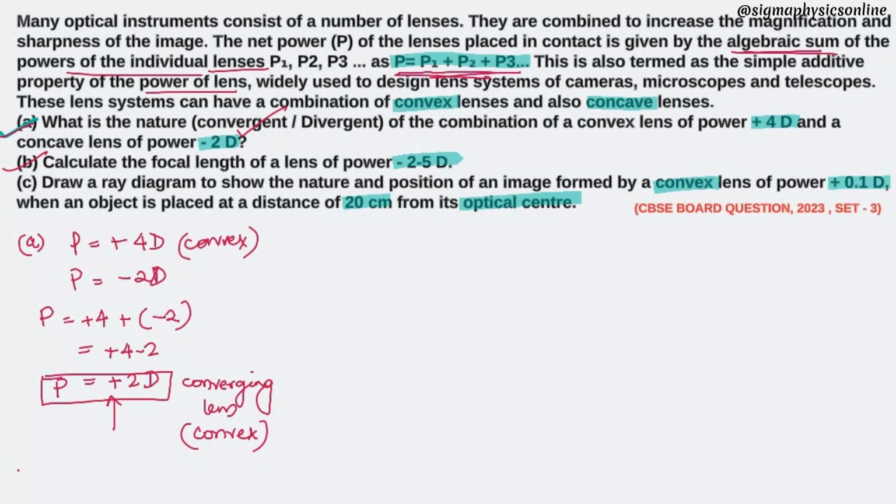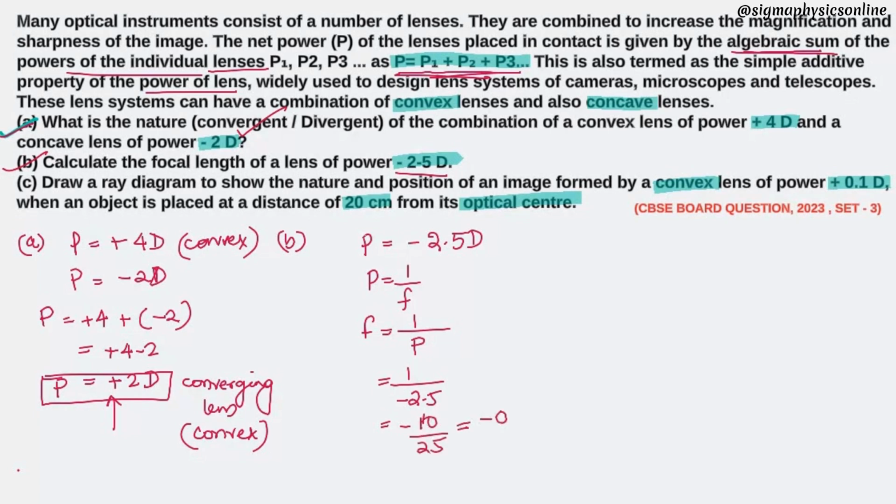Then part B, calculate the focal length of a lens of power minus 2.5D. So power is given here as minus 2.5D. So it's a concave lens because its power is negative. Now power we know is the reciprocal of focal length. So focal length will be 1 by P, that is 1 by minus 2.5, which is minus 10 by 25, which will be minus 0.4 meter.